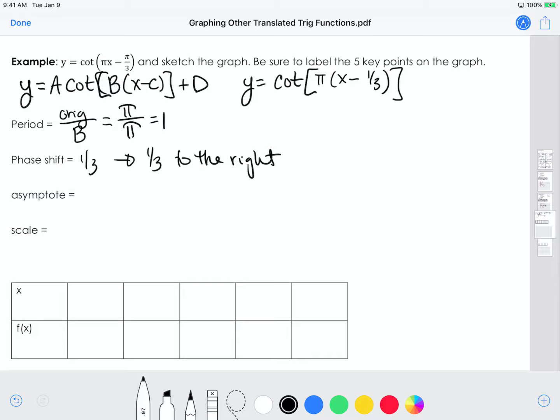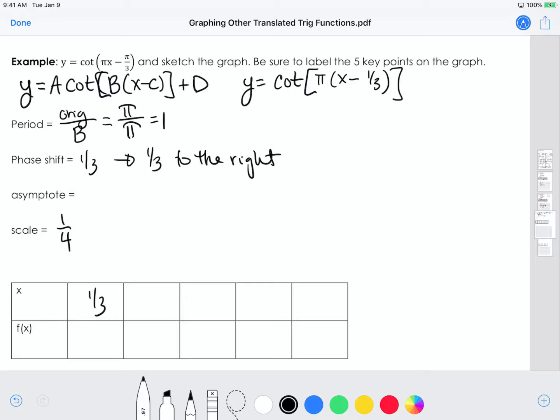Asymptotes, we're going to hold off on that until we get it from our table. And then for the scale, I'm going to take my new period and divide by 4 to get a scale of 1/4. So I'm starting at 1/3 because I shifted. I usually start at 0, but I'm shifting everything over to the right 1/3. And I'm going to keep adding 1/4.